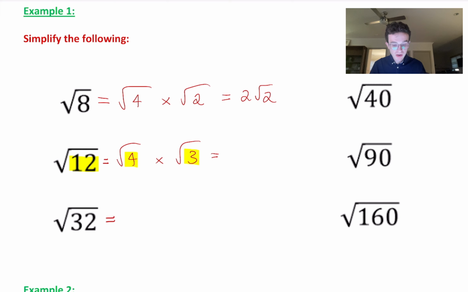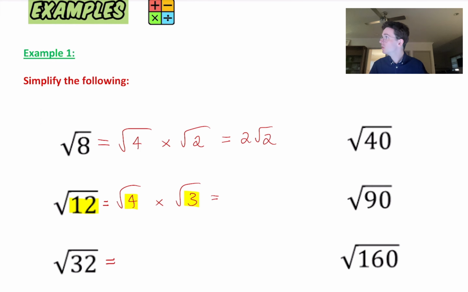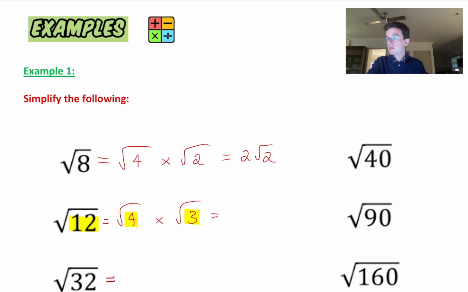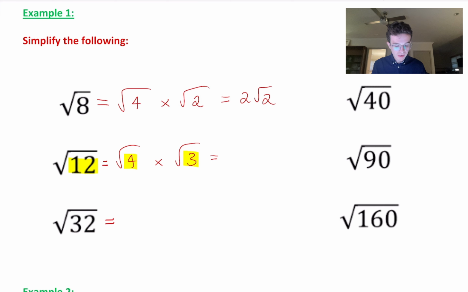How do we know our square numbers? We continually refer to the list as we do these questions, so we can see 4 is a square number. So the square root of 4 is 2, and this is 2 times root 3, 2 root 3.